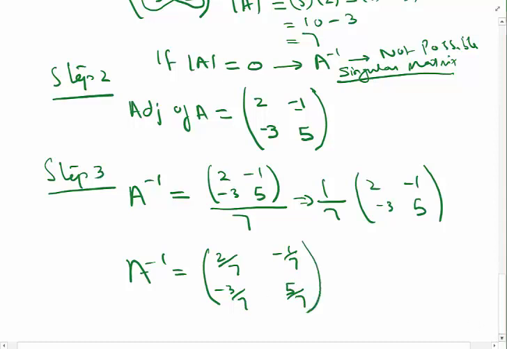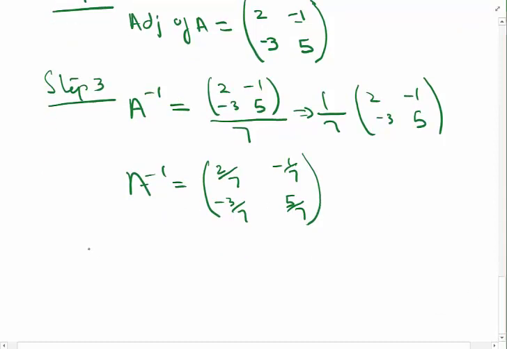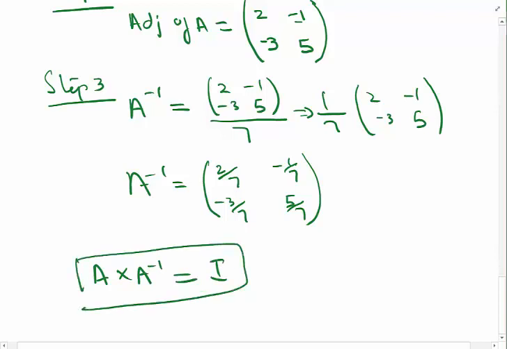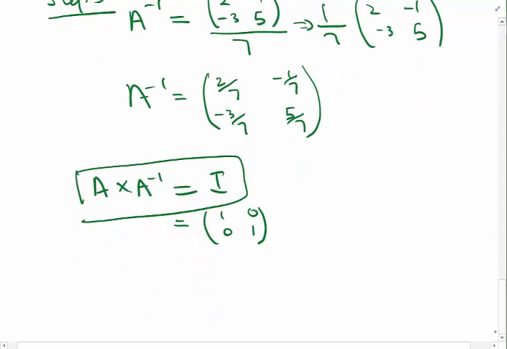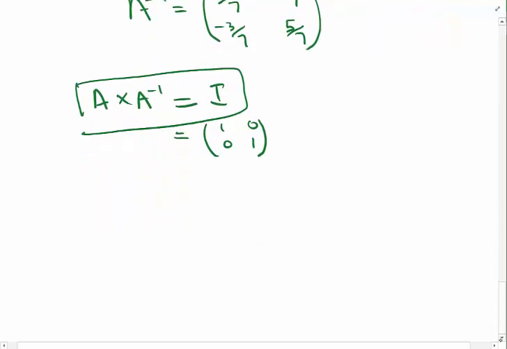So this is our inverse. The key point which you need to remember is that when we multiply any matrix with its inverse, the answer is always the identity matrix. Since we are focusing only on 2 by 2, the result should be 1 0 0 1 in all cases. Alright, now let's do some practice problems regarding inverse and analysis of the inverse of a matrix.